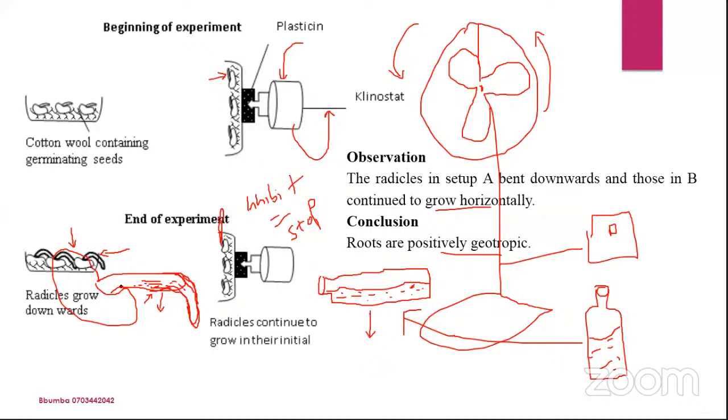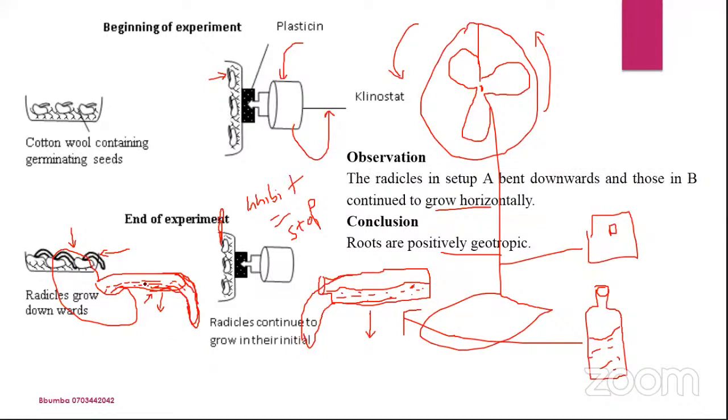So that is a very good thing which I can use just to make you understand that auxins are going to be flowing down. But in roots, when they flow down due to gravity, they affect the cells where they have accumulated. Now imagine this lower layer of the bottle doesn't bend, and the upper layer, because it is growing, bends more than this lower layer, making the root bend downward. That is how you can understand it.